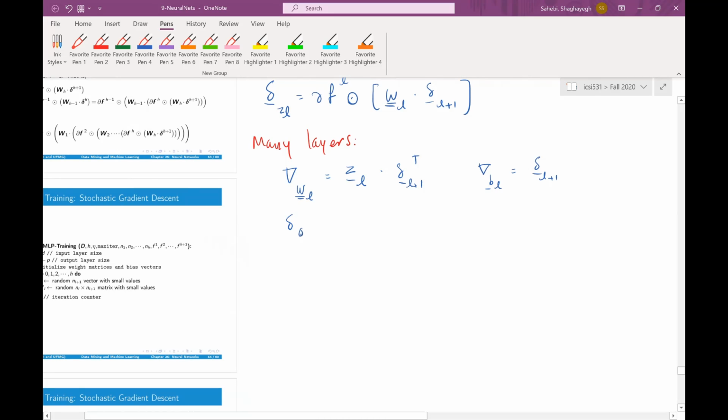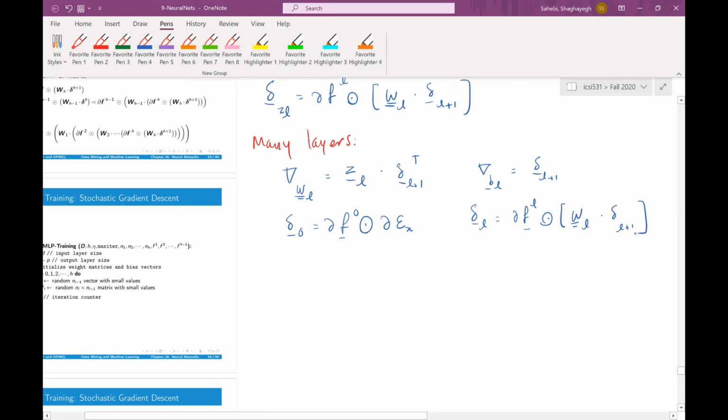And for the output layer, things are a little bit different. The net gradient for the output layer is the gradient of f_O, element-wise product, gradient of error. And the net gradient for any other layer L is the gradient of f_L, element-wise product with the weight of that layer dot net gradient of L plus 1.